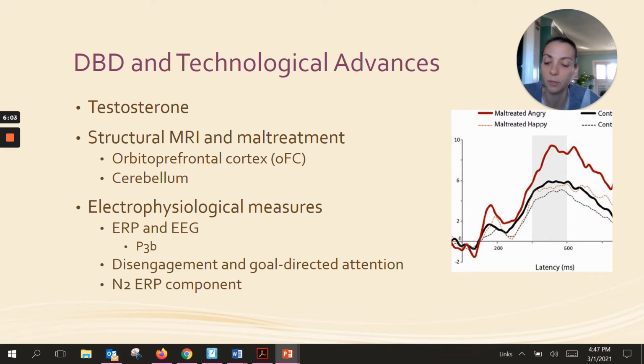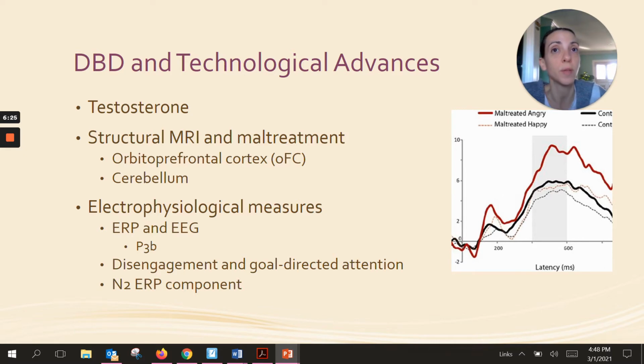There are also electrophysiological measures. Children who are abused can identify anger more quickly because they're sensitized to this signal, because they devote a disproportionate amount of time and cognitive resources to these signals. So they're primed to these signals because they've been so frequently exposed to them.